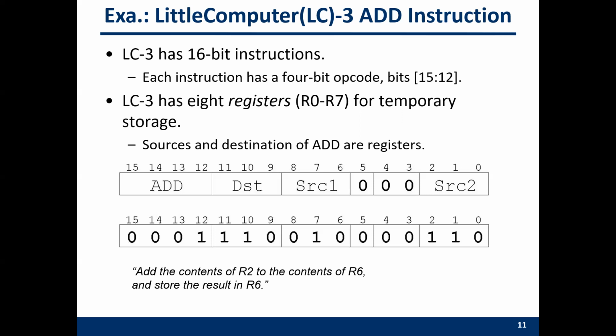For the addition, you need to add 2 numbers and generate a sum. That's the reason why you have source 1, source 2, and destination. These 3 are registers, and each of them is 3 bits because in total you have 8 registers.